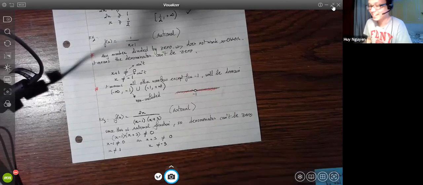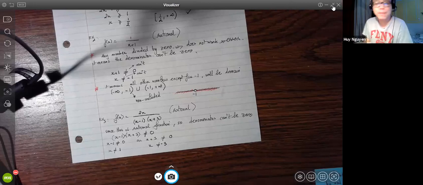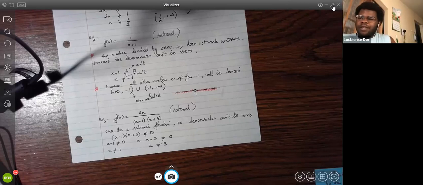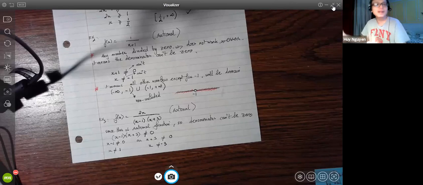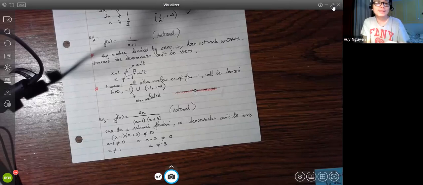Yes, it's negative. So what number will be in the domain? 2, negative 2, anything like that. Anything that's not 1 or negative 3. As long as it's not 1 nor negative 3, it will be in the domain.